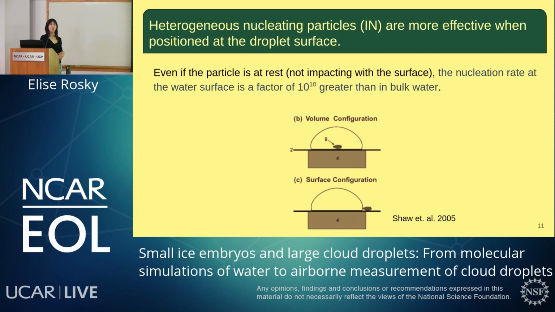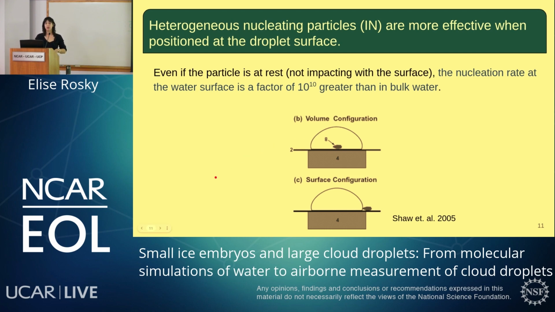So the first mysterious aspect of supercooled water was observed in this experiment in Raymond Shaw's lab in 2005, where if you have an ice nucleating particle positioned in the volume of the droplet versus positioning it right at the droplet surface, the nucleation rate at the surface will be many orders of magnitude greater than when the same ice nucleating particle is inside of the water droplet.